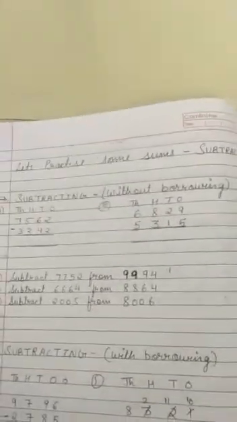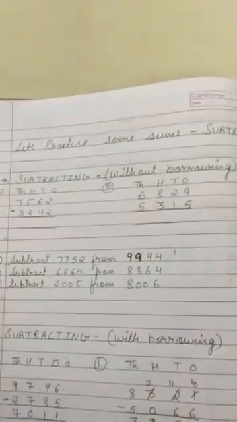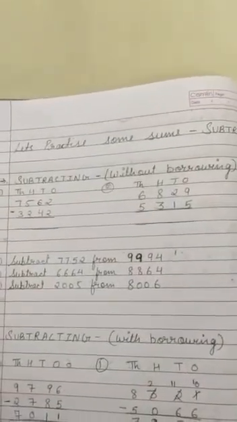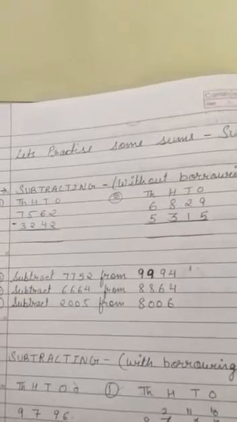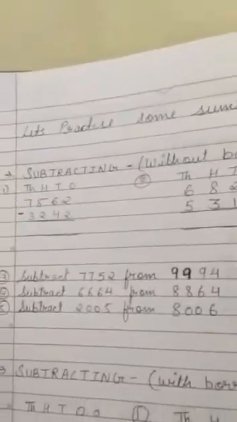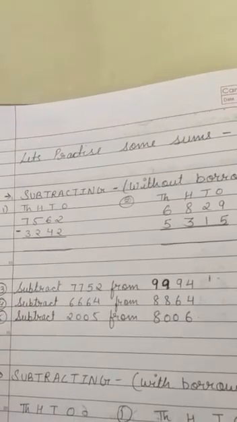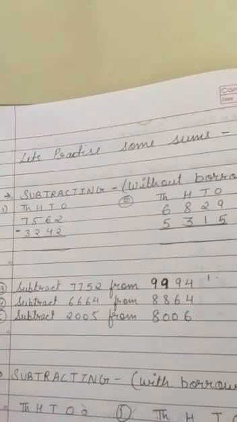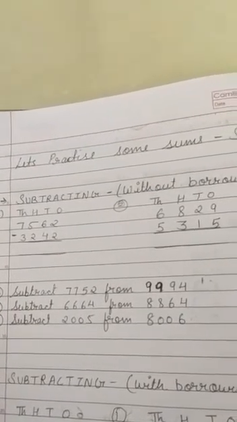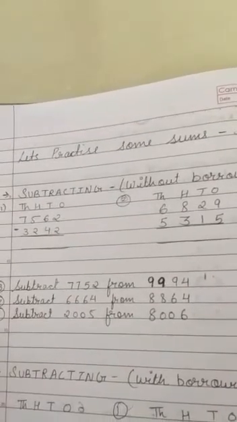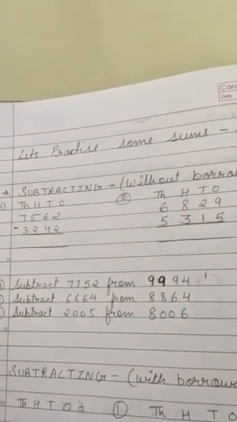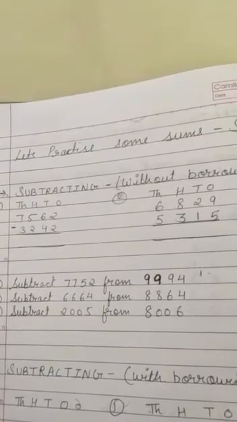Now I am giving you some questions on subtracting 4-digit numbers. Just solve them. Let's practice some subtraction without borrowing. Go through these questions and please solve them. 2 I have given you vertically as I have written them, and 3 you have to arrange vertically and write.